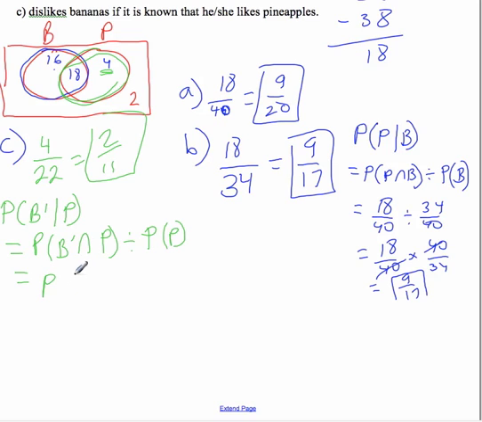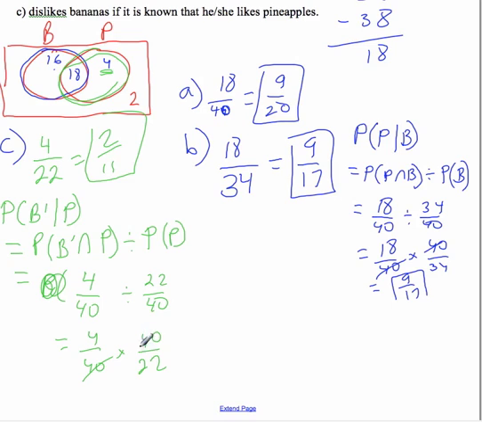Probability of not liking bananas and liking pineapples. That's going to be 4, right? 4 people like pineapples and don't like bananas. That's 4 out of the total, which is 40, divided by the probability of liking pineapples, 22 out of 40. So what happens when we do the multiplication?